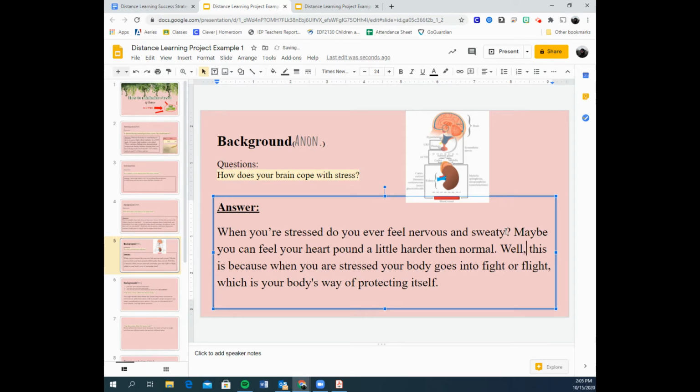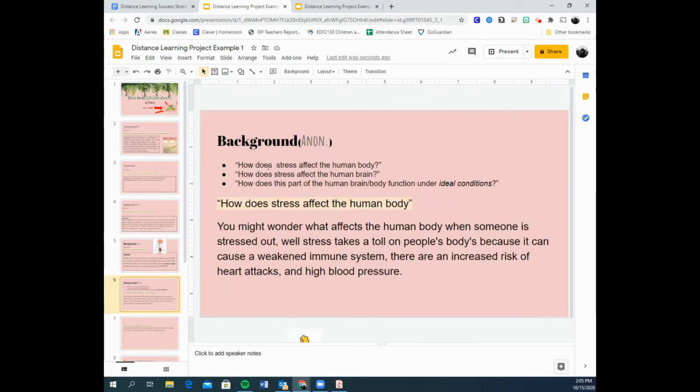Well, this is because when you are stressed, your body goes into fight or flight. What is fight or flight? Should we put that in quotes or italics since nobody really knows what that is yet? And we need a source for that information. No, they didn't make that up. I want to know where that information came from. So I'm going to take off points for that too.